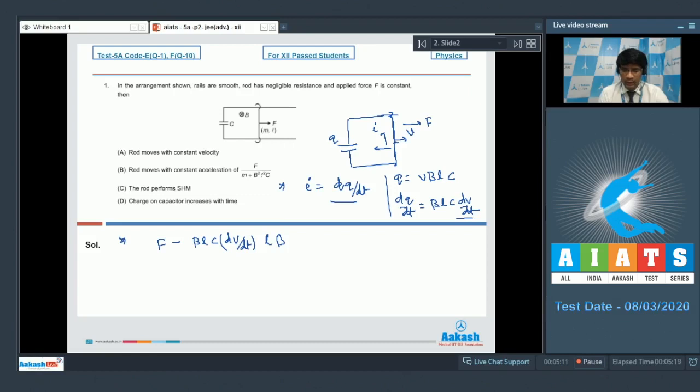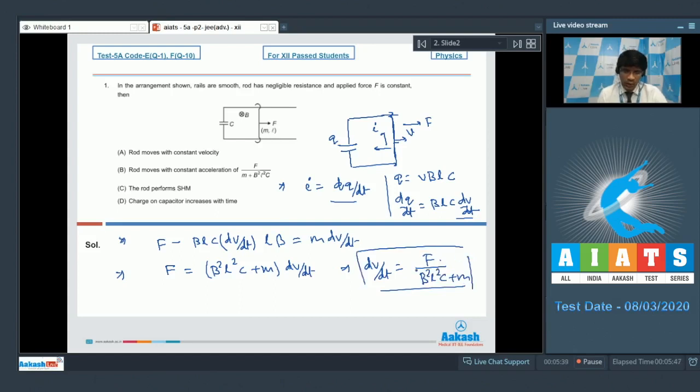This is the total force acting in this direction, must be equal to M dV/dt. Or I would say F must be equal to (B square L square C plus M) into dV/dt, so the acceleration of the rod is F divided by B square L square C plus M.